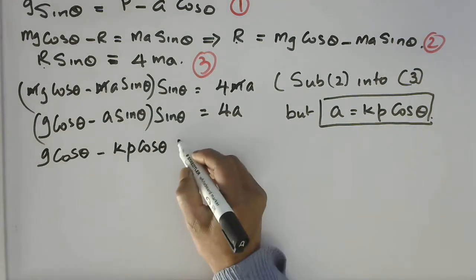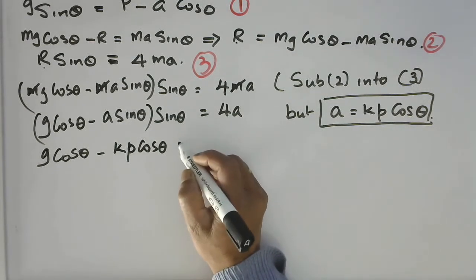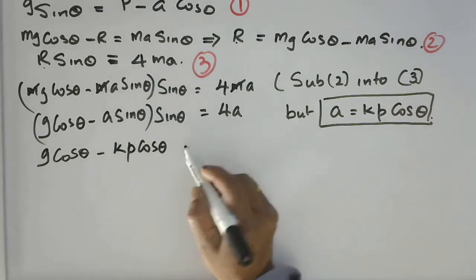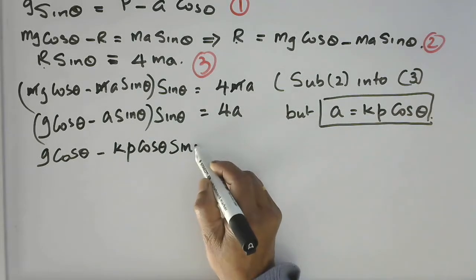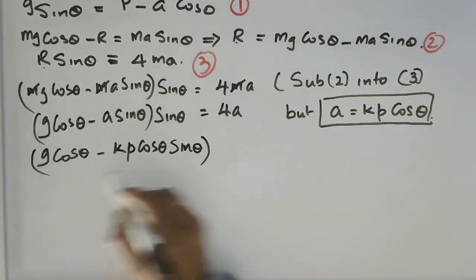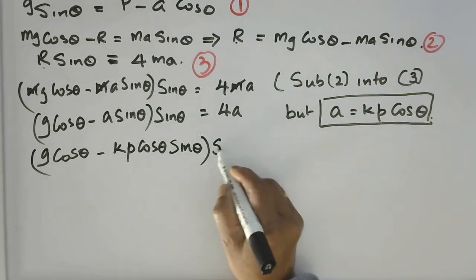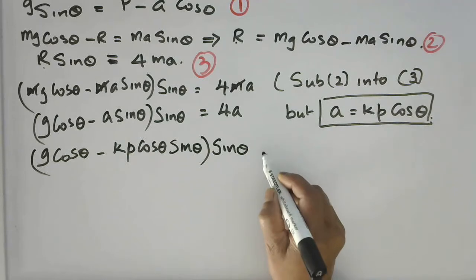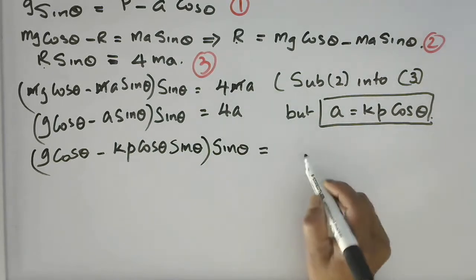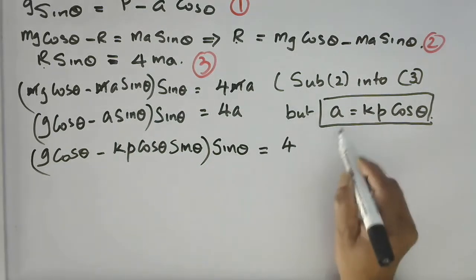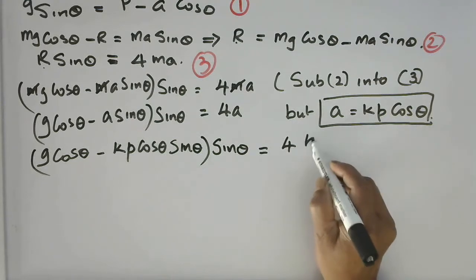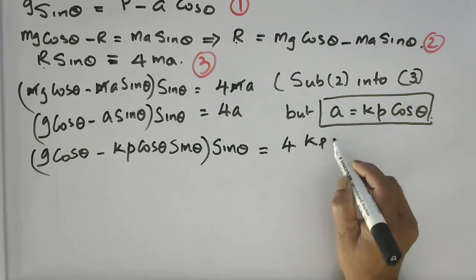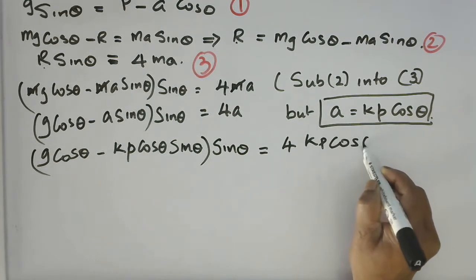Then we have here another sine theta, so I have to keep the sine theta, and outside also I have another sine theta, equal to 4A, which is equal to kp cos theta.